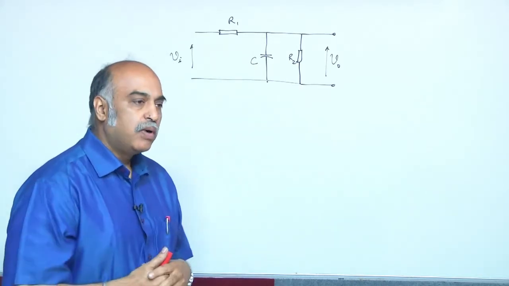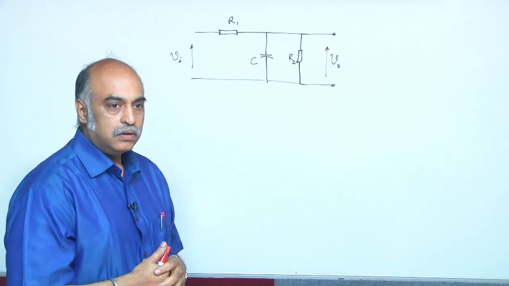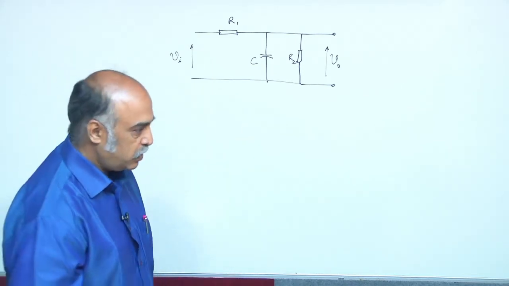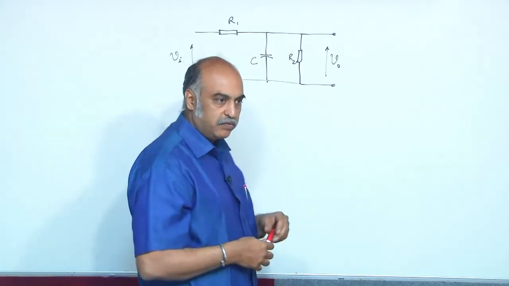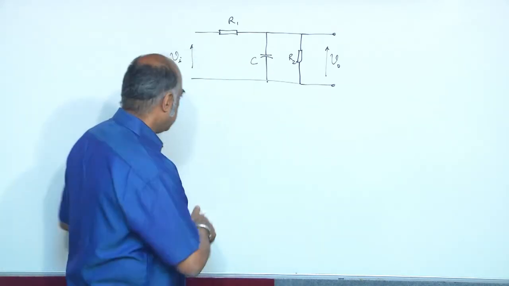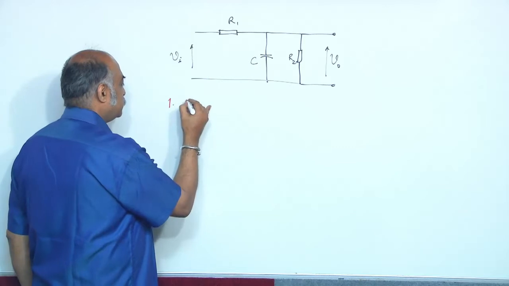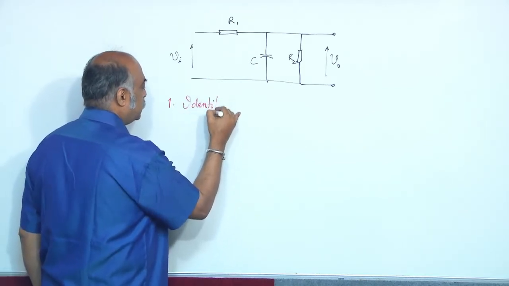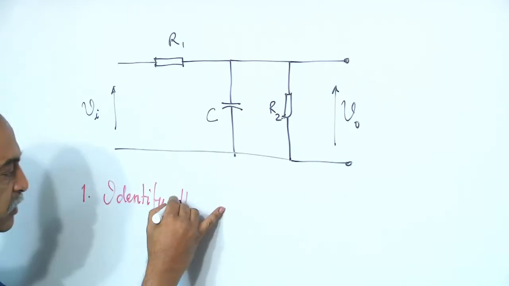How will we go about modeling this? Let us say, what is the model for this? So, you first identify the number of energy storage elements, that is, identify the order.